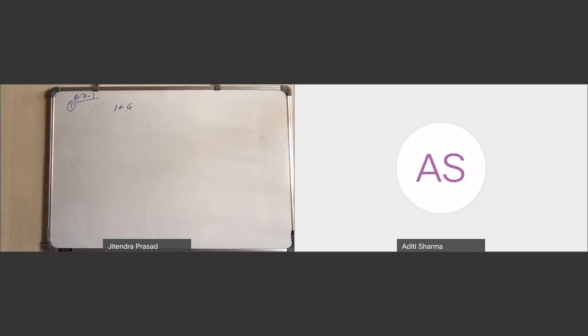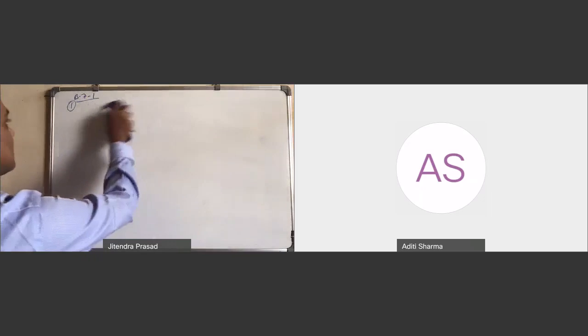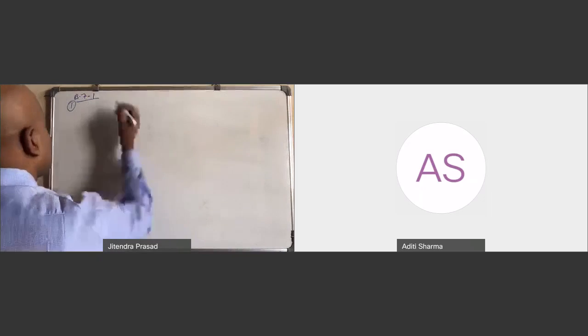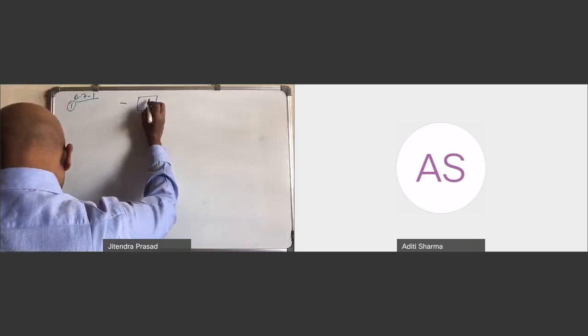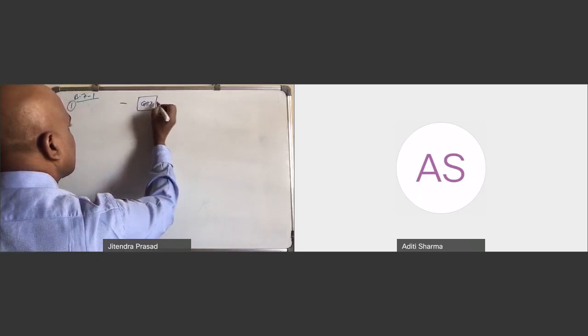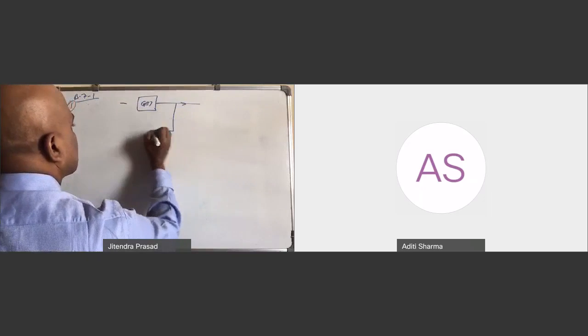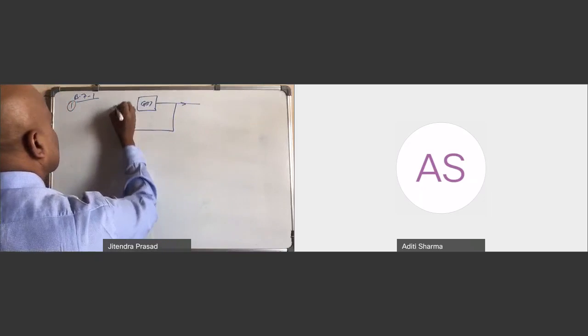You have to first convert that, right? It is something like this: you have G(s) here and unity feedback like this one.